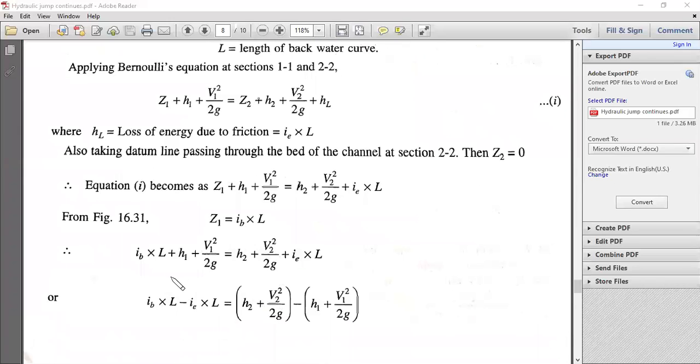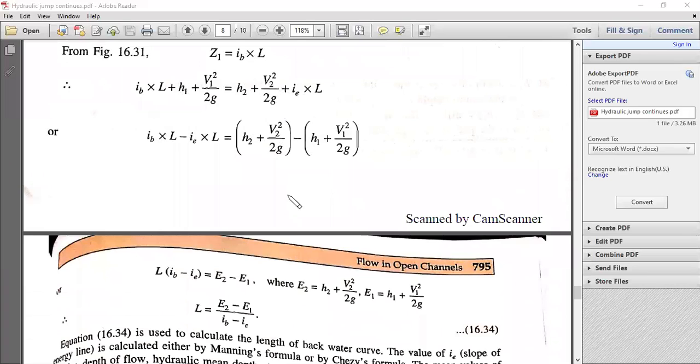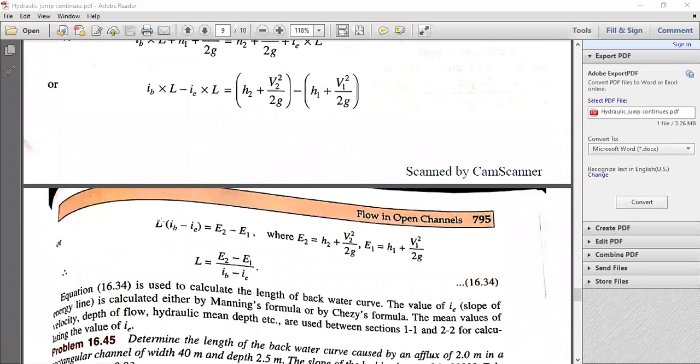Therefore, the equation becomes IB into L plus H1 plus V1 square by 2g equals H2 plus V2 square by 2g plus IE into L. So grouping again, IB into L is brought to one side and IE into L is sent to the RHS side. So L becomes a common term, with IB and IE.